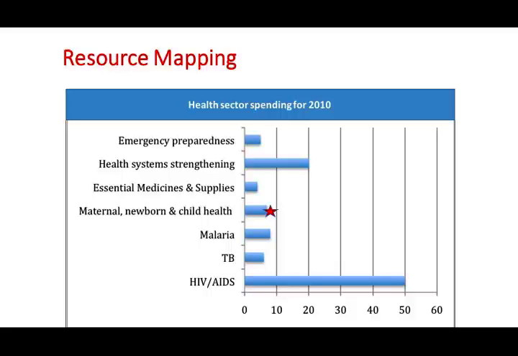So when we did resource mapping, only about 10% of the budget was going to maternal and child health. Almost everything was going to curative health sector budget, curative, HIV, and others. Of course, HIV is extremely important for Zimbabwe, even for the mother. But those critical areas like managing hemorrhage, eclampsia, puerperal sepsis were not addressed. And the budget was so low.